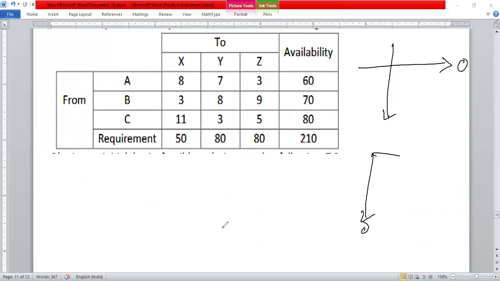This is the technique we are using. Note it, we always get the answer at the end cell. That is the final answer. But in the previous question we got a zero in the middle, so we move on to the diagonal. Noted, this is very important.